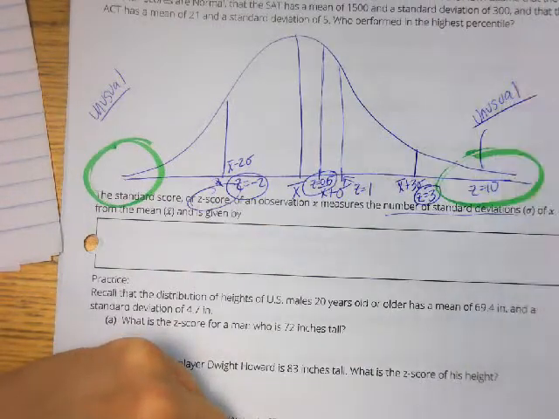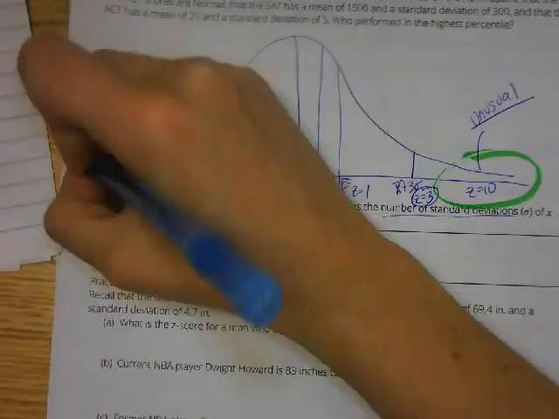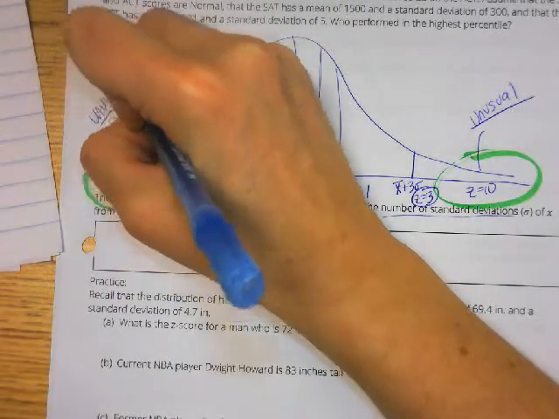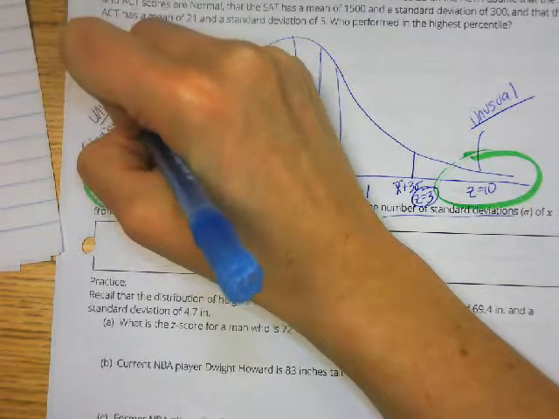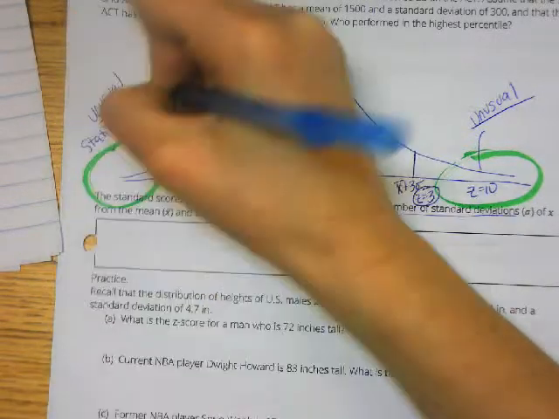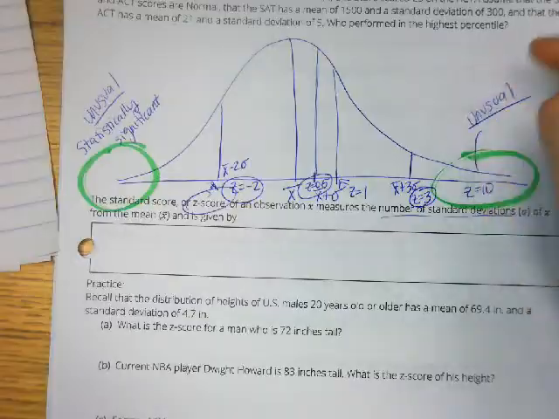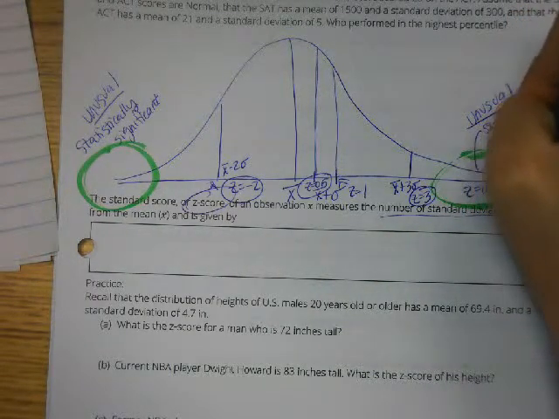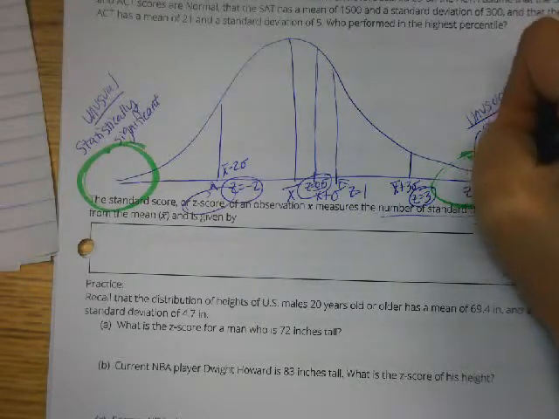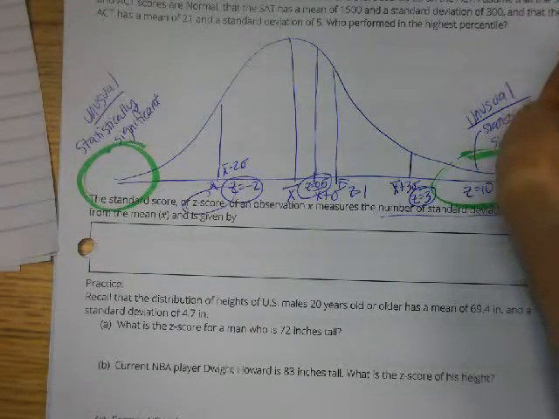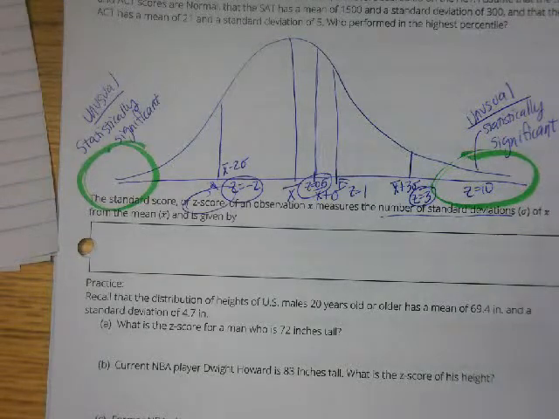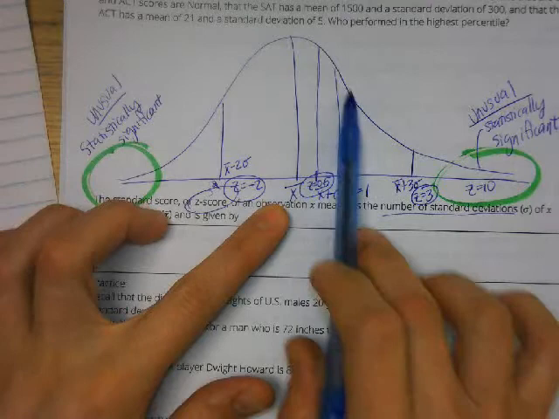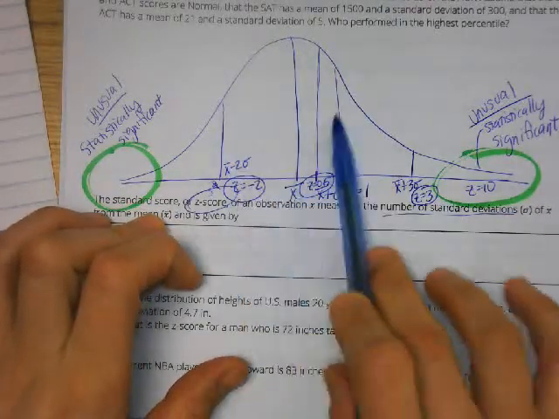Very unusual. Another word for that is statistically significant. Statistically significant data is located in the tails. The lower your z-score is, the closer you are to being more like the average.